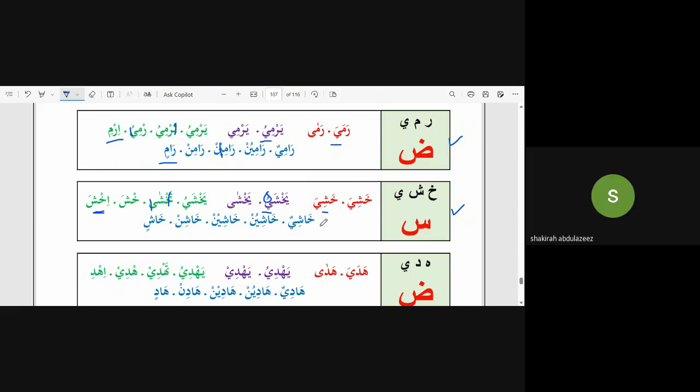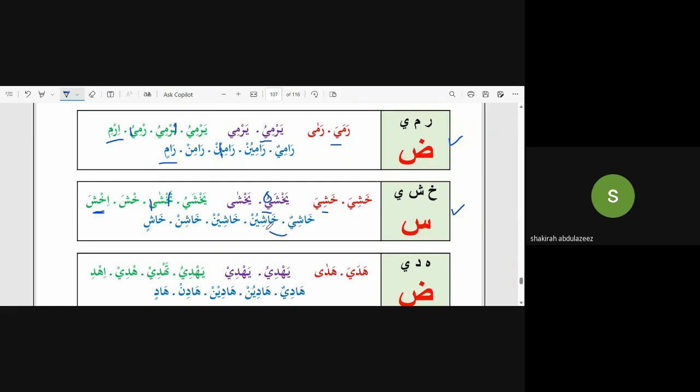So from there, we can see that when it becomes ismul fa'il, it will be khashiyun. And then we open it up. It's still the same.